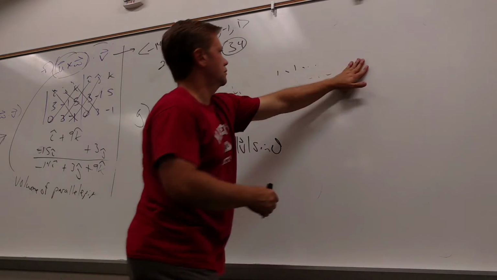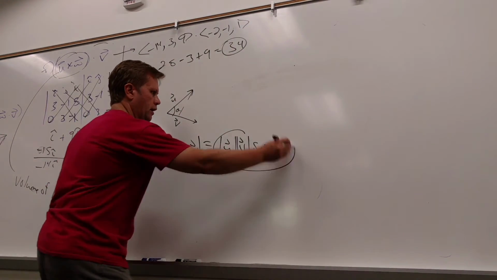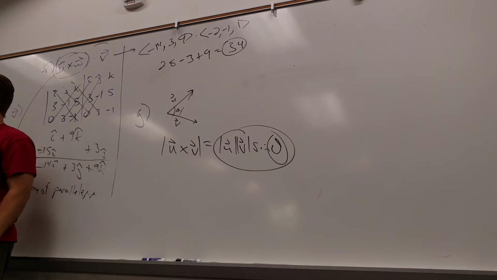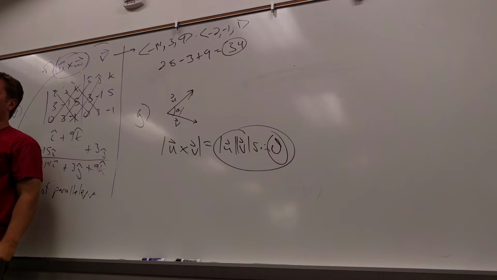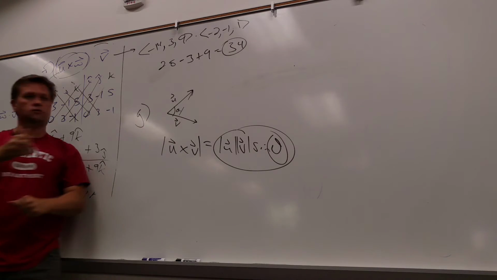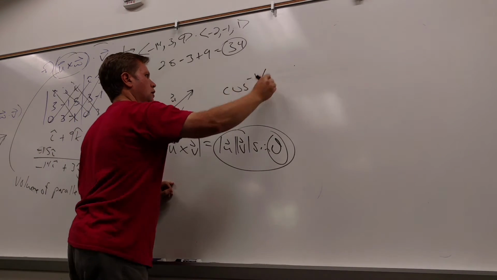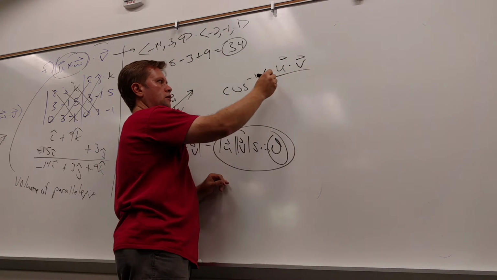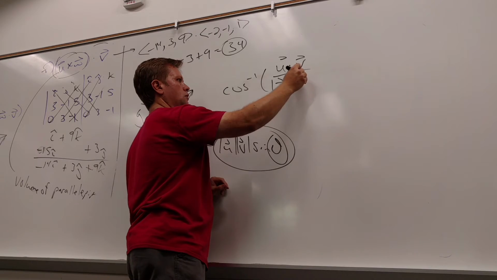If you wanted to do it this way, how would you find the angle between these two? We have a whole process for that. Inverse cosine of the dot product divided by the magnitudes.